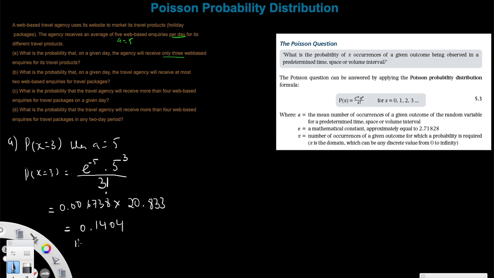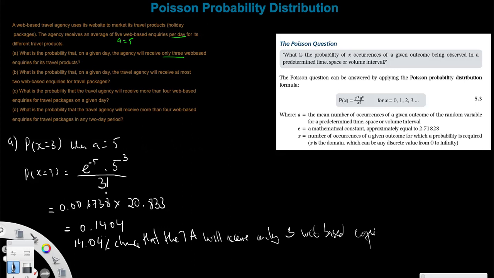Thus we have a 14.04% chance, always put that in a sentence like that, a chance that the travel agency will receive only 3 web-based inquiries per day.